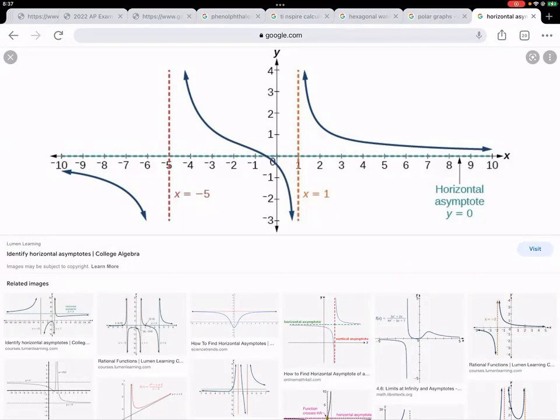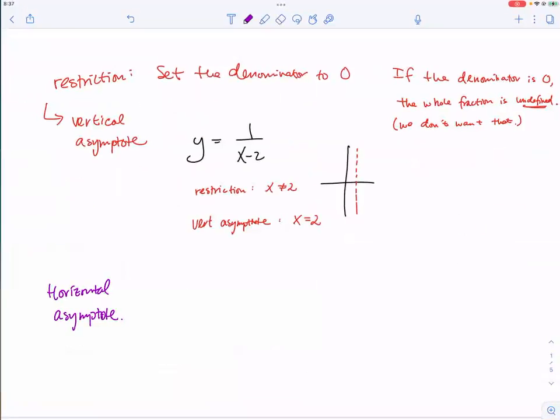But what you also see here is that as you go to the ends of the x-axis, can you see how the graph is approaching it? So I'm going to show you how to tell.